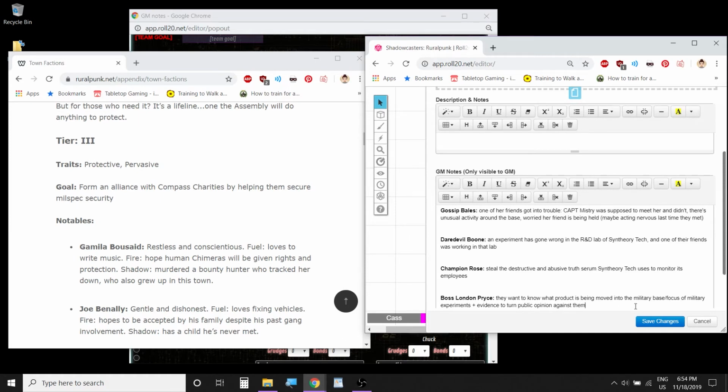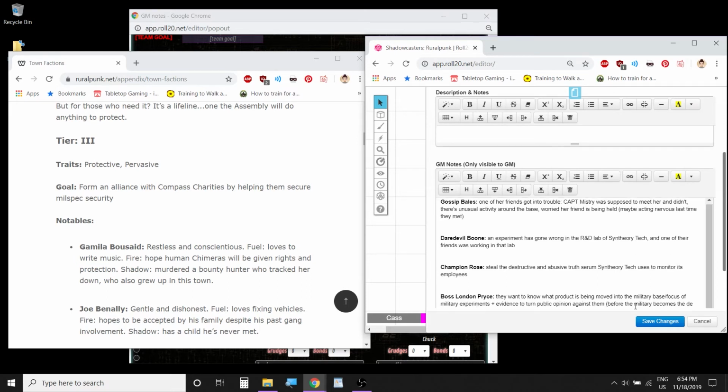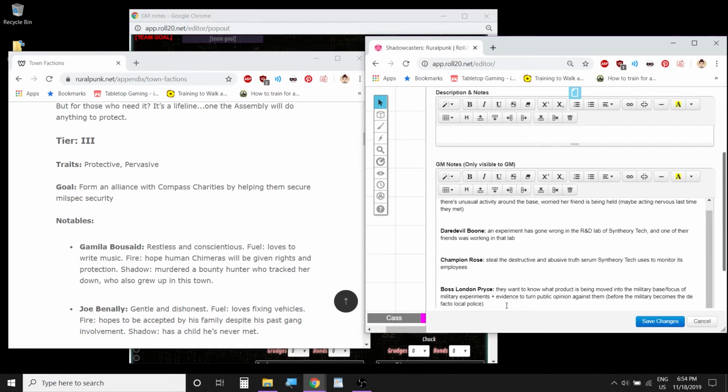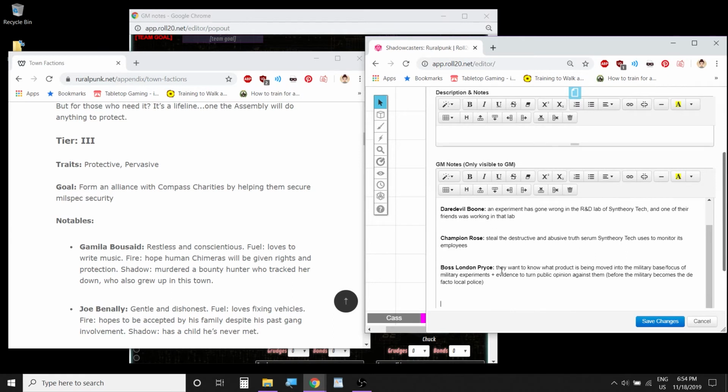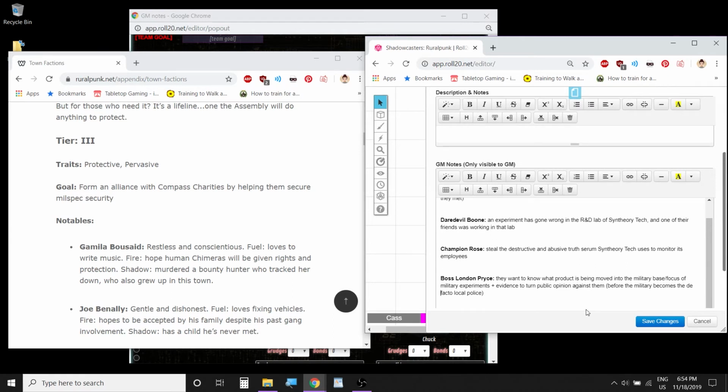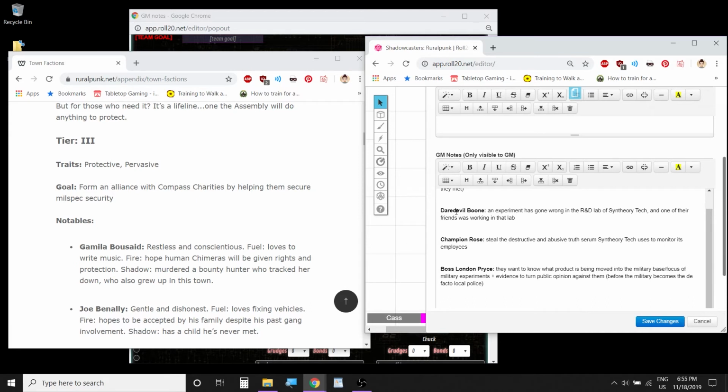And I think some of this is because the military is becoming the de facto local police. So one of the things that's going on with the Red Ropes and the local military base in this town is they've started acting more and more like local police and militia for the town, because the town doesn't really have a great police force.